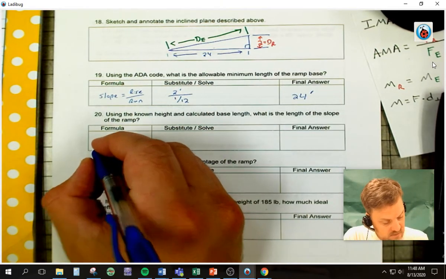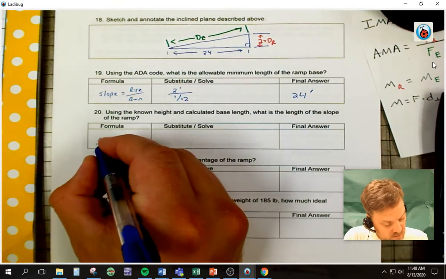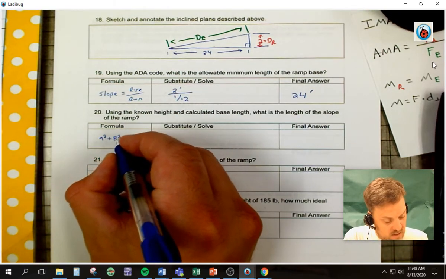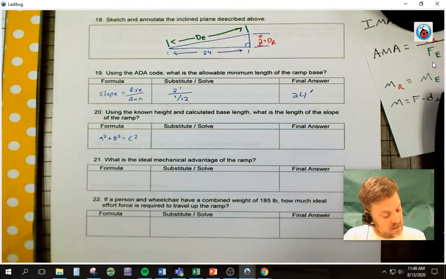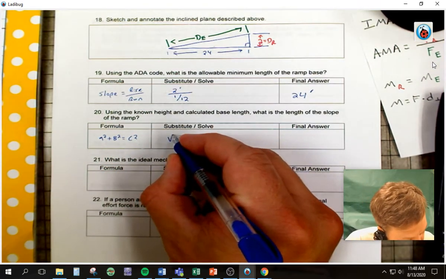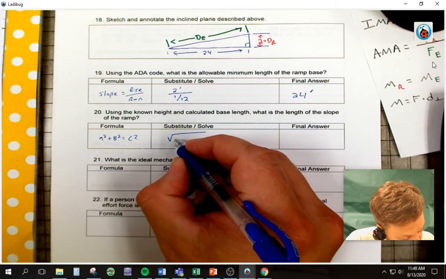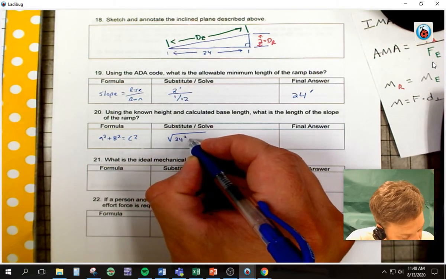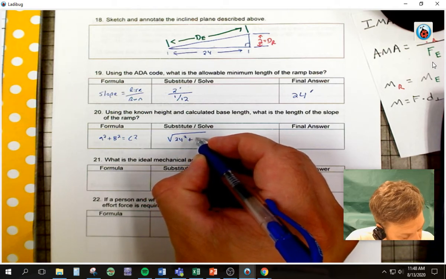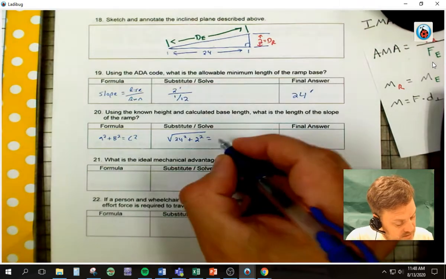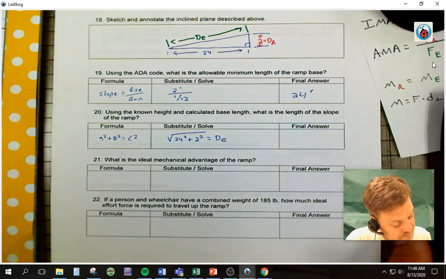Okay, well, we got to find that, so we're going to use old Pythag. A squared plus B squared equals C squared. And so I'll put this in my calculator, the square root of 24 squared plus 2 squared is going to give me the distance effort in this case.